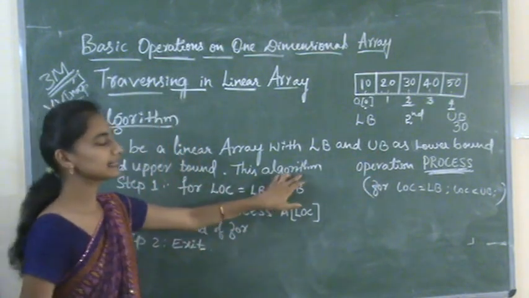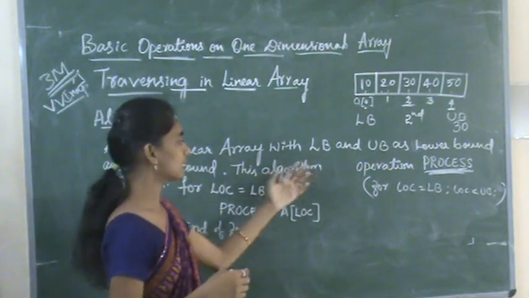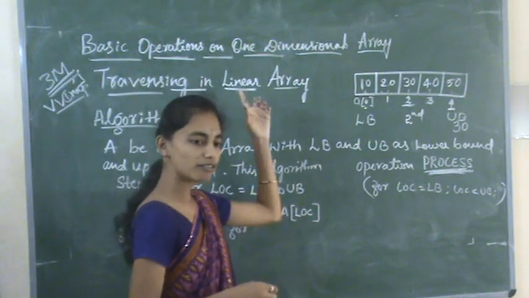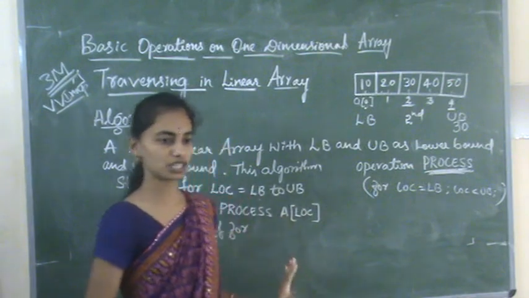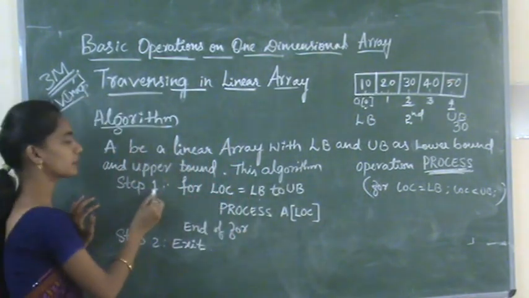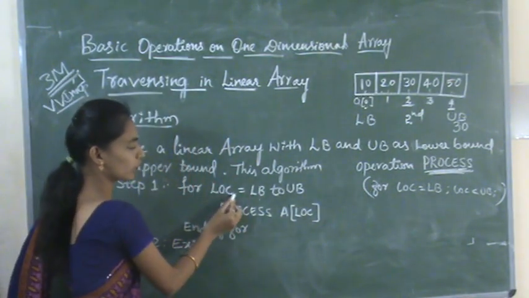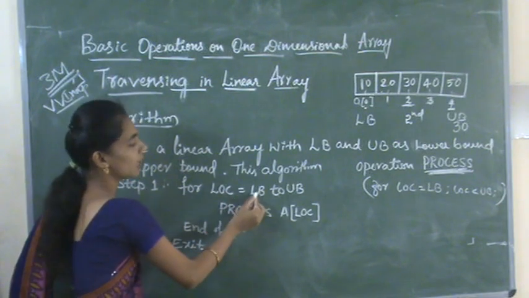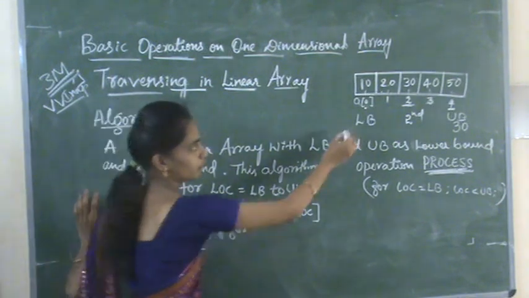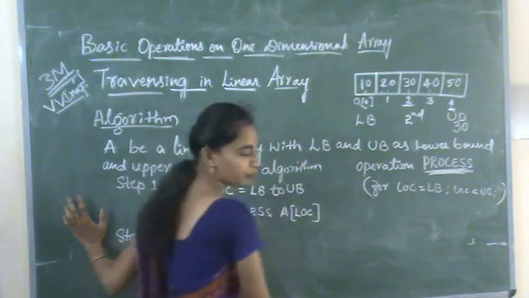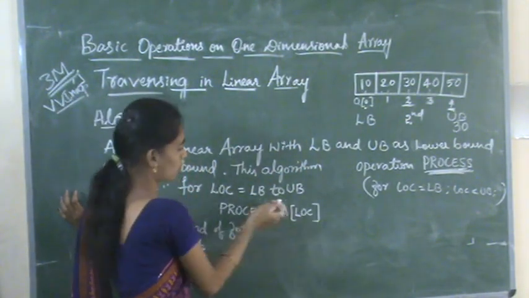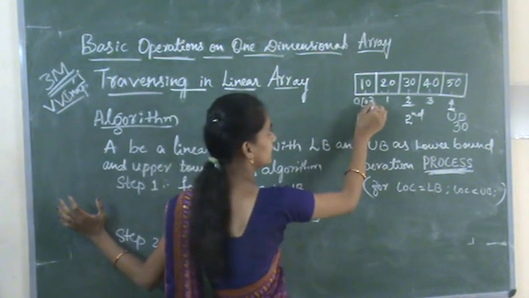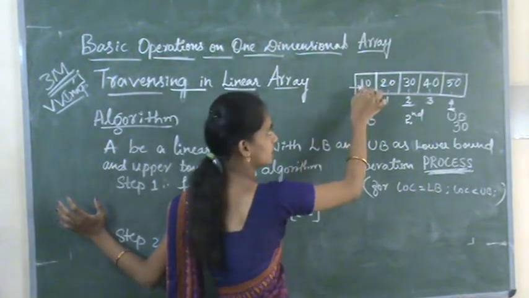This algorithm is used to traverse the elements with the help of the process operation. So the first step is for LOC, location, equal to lower bound to upper bound, from here to here. Next we are processing A of LOC, whatever content is present in that location, we are traversing.